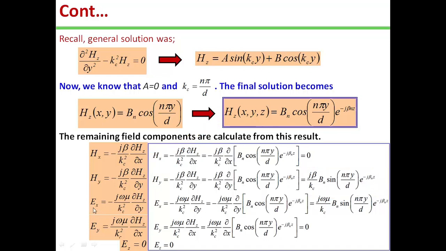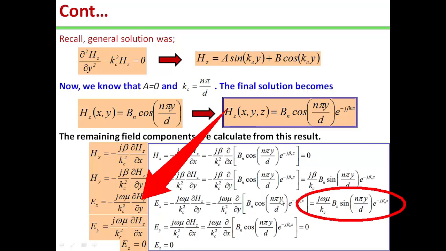And we can calculate Ex. We have already calculated Ex is equal to minus j omega mu divided by kc squared del Hz by del y. And after putting the value of Hz and differentiating with respect to y, we will have Ex is equal to j omega mu divided by kc Bn sin(n pi y by d) e to the power minus j beta n z.